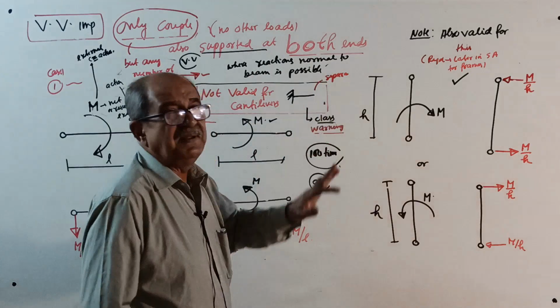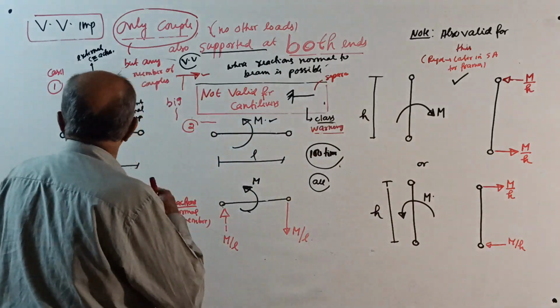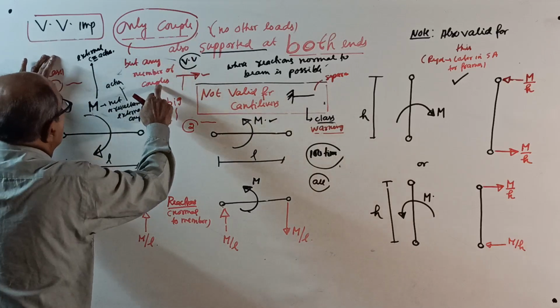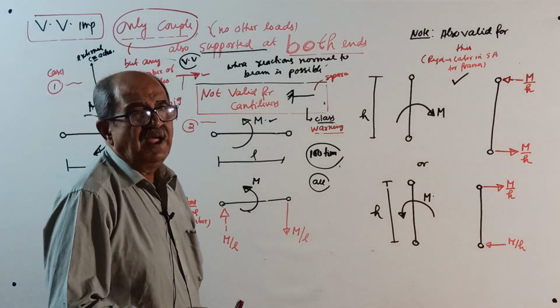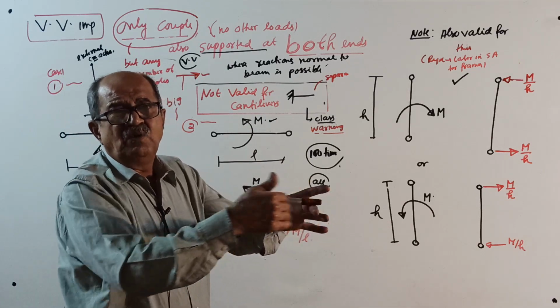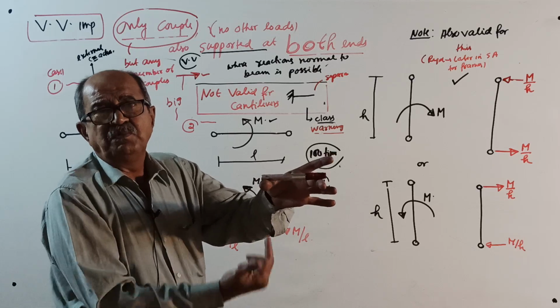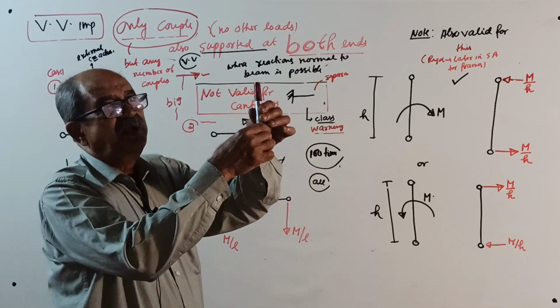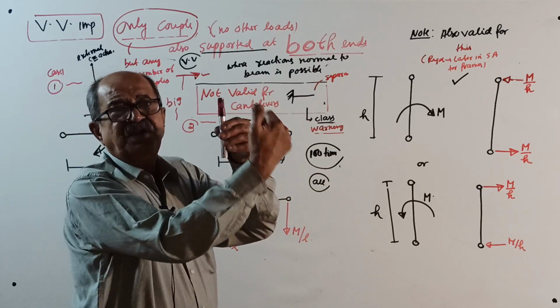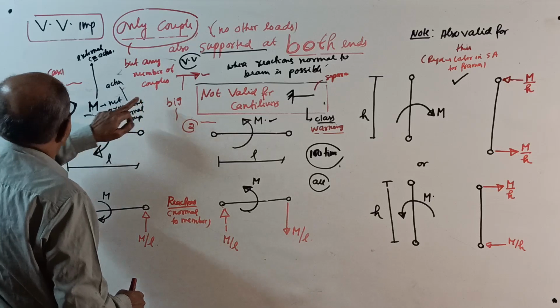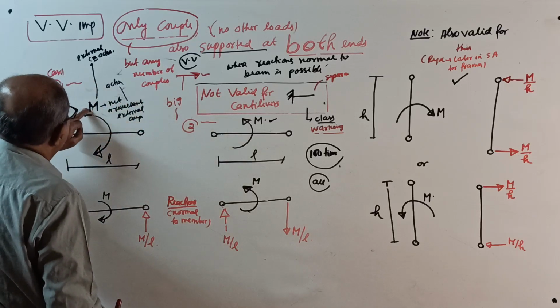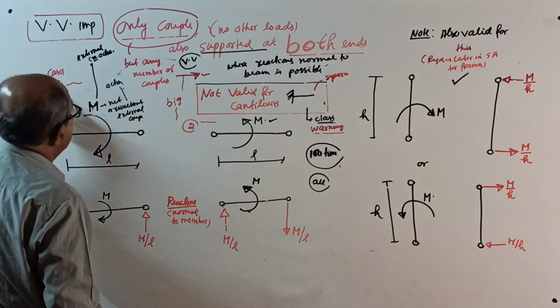For that, a separate principle is there. Now, any number of couples, I told. Remember, member horizontal, both vertical reactions. Member vertical, both sides horizontal reactions. That's all.